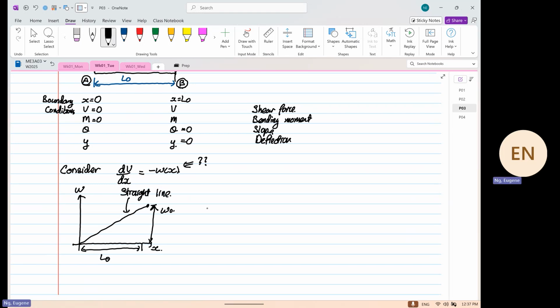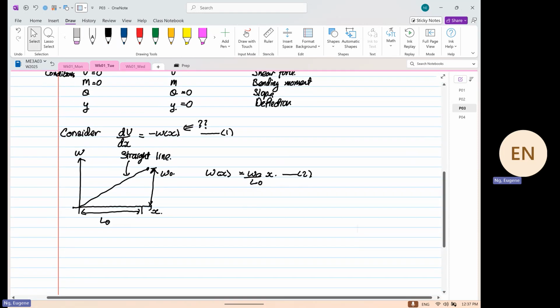So what we have is omega as a function of x is equal to omega naught over L naught x. So the first one, can you put this as our equation 1? Okay, so now we have formed our equation 2.